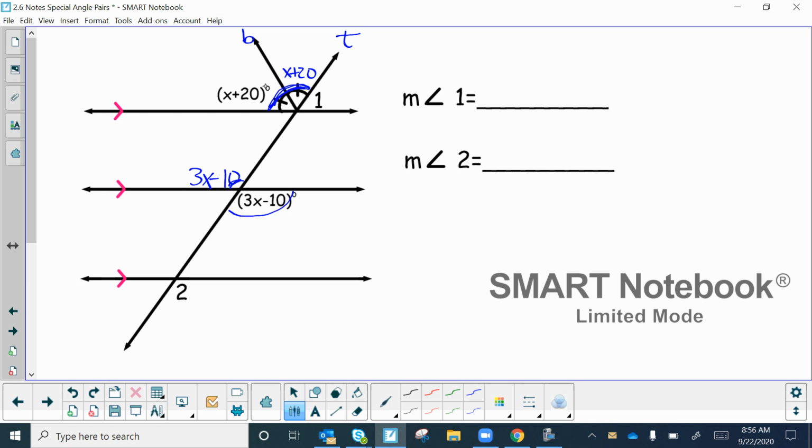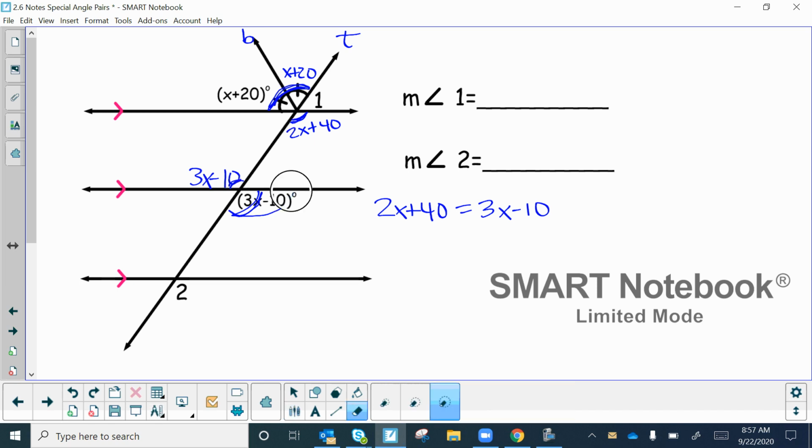So this whole angle up here would be 2x plus 40. And you want to set that equal to 3x minus 10. Okay. You could also do this. This vertical angle here is 2x plus 40. And so then you have these two right here that are corresponding. Okay. So whichever way you figure that out to be, they are congruent.